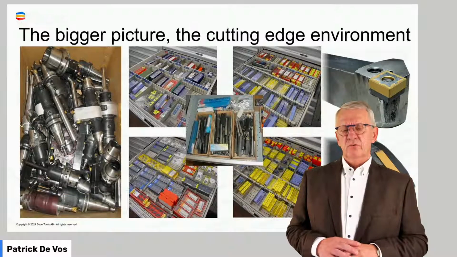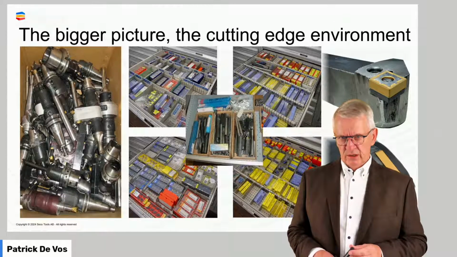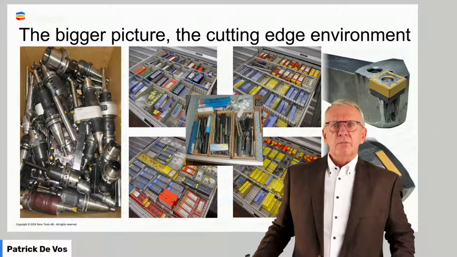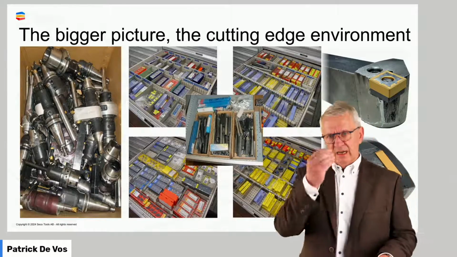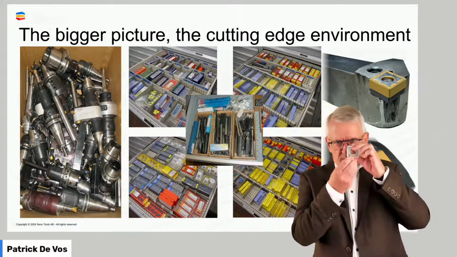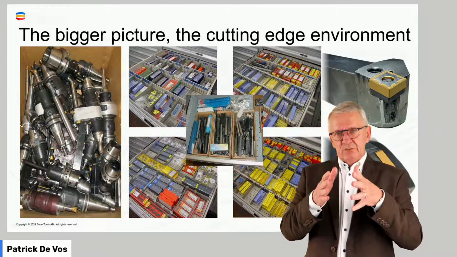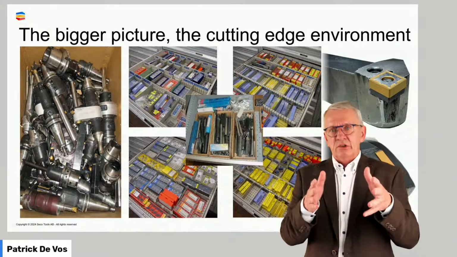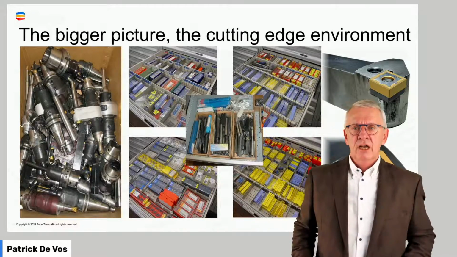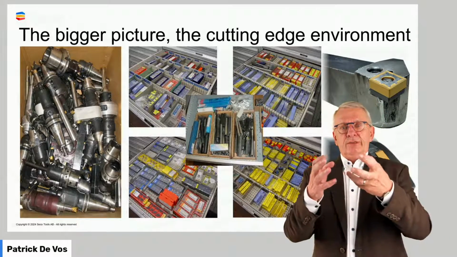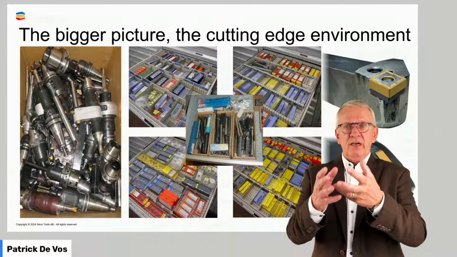Now, if we look at wear in machining situations, I would like to start by asking you to broaden your view a little bit, because people are watching a cutting edge with a magnifier, trying to find out what's going on. But that cutting edge is part of an insert, or if you have a solid carbide tool, it's integrated in the tool. But you have the actual tool holder, and that is also part of the picture.